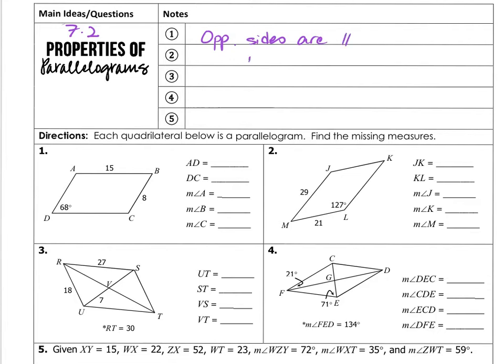We know that the opposite sides are congruent, and we know opposite angles are congruent, and we also know consecutive angles, or same side interior angles, consecutive angles are supplementary. And finally, we know that diagonals bisect each other.